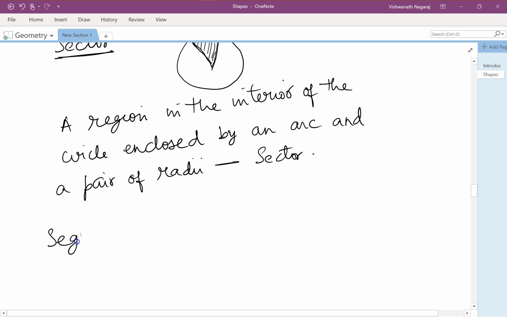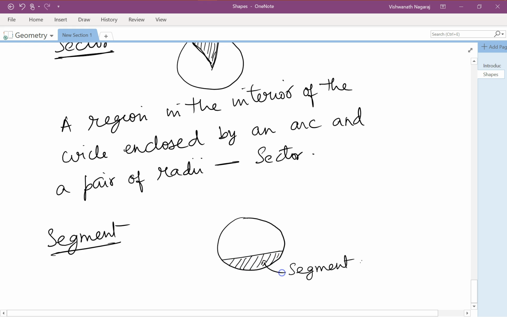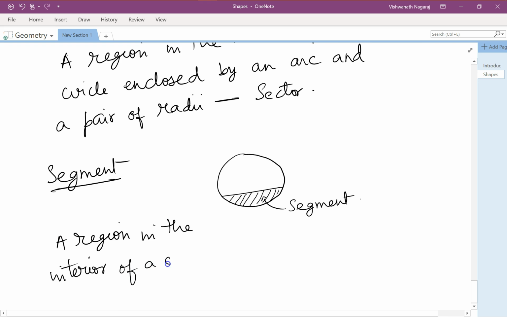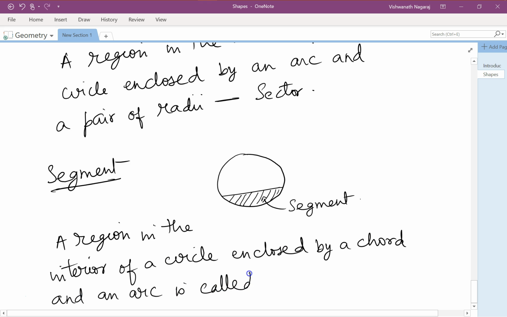Now segment of a circle. So again a circle, and now this time a chord. So this is a segment. Now naturally, if this is a segment, the other part is also a segment. A region in the interior of a circle enclosed by a chord and an arc is called a segment. And we can say that this is a major segment, this part.